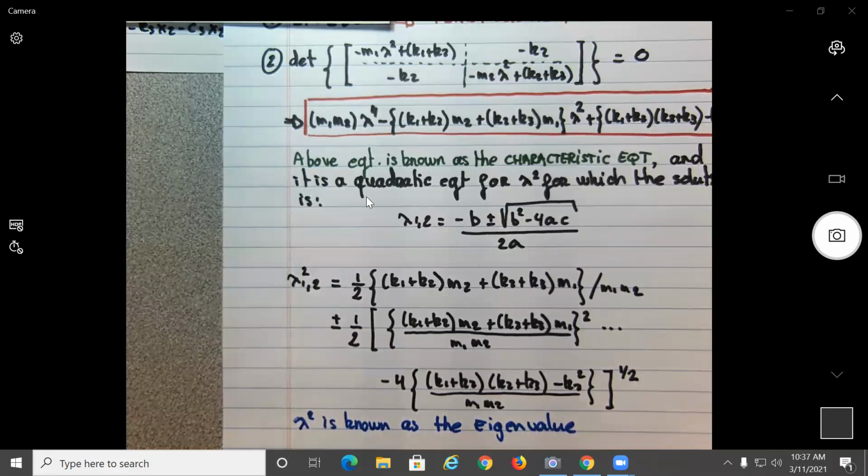The translation will be proper value, eigenvalue, all right? Lambda square is known as the eigenvalue that physically represents the natural frequency. So basically, lambda square is equal to the natural frequency.